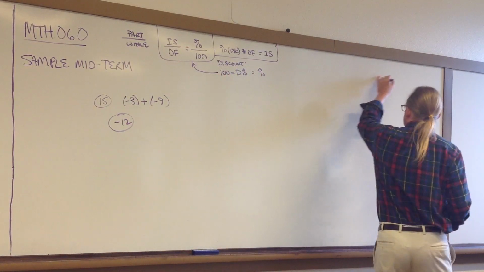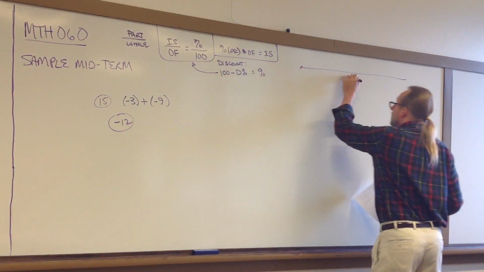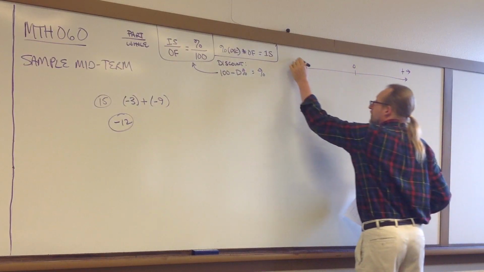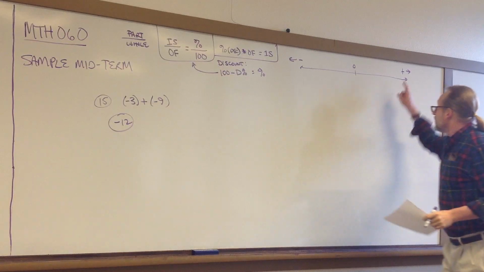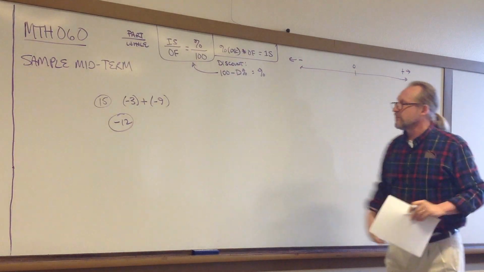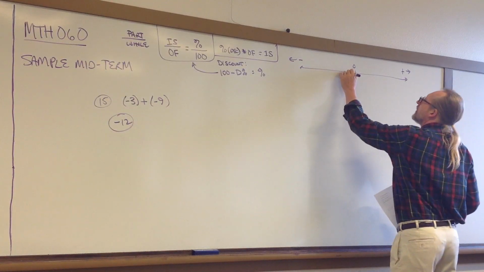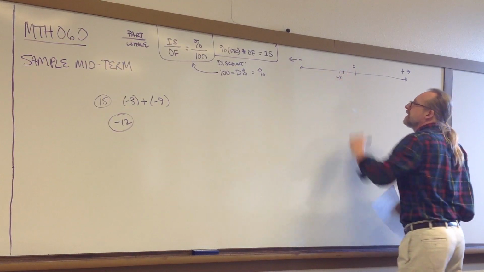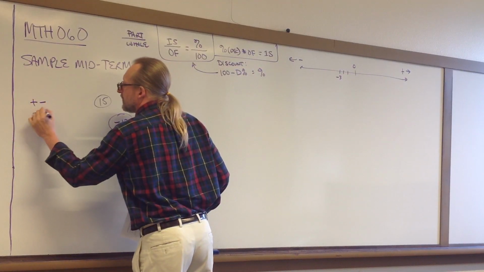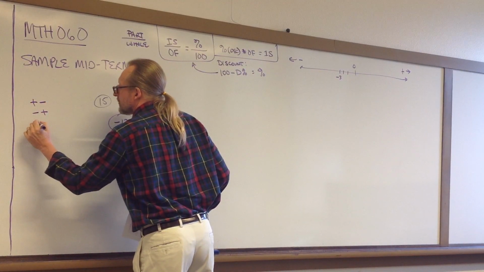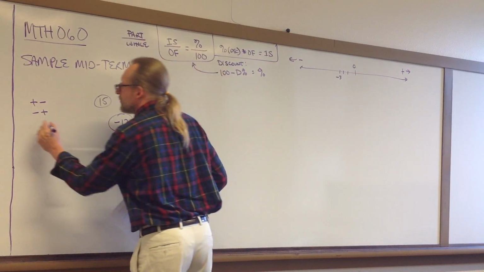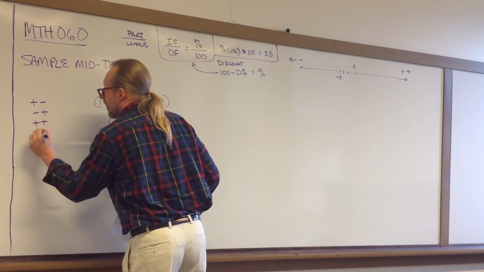Okay? I often think about this in terms of a number line where plus takes you in this direction, minus takes you in this direction. So in this one, you're starting out at -3. And again, remember that when you have double signs, I find it really helpful to turn them into just a single sign.